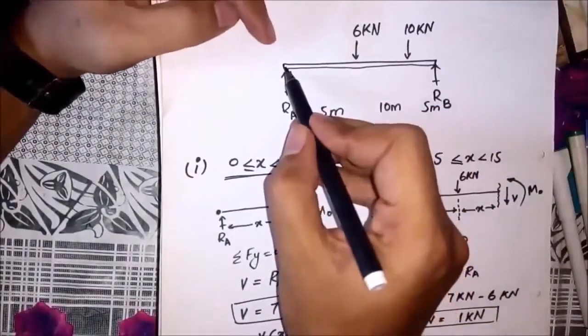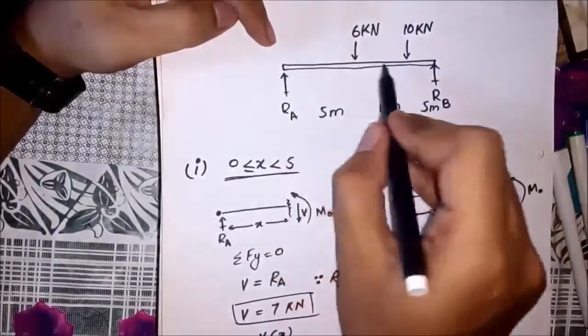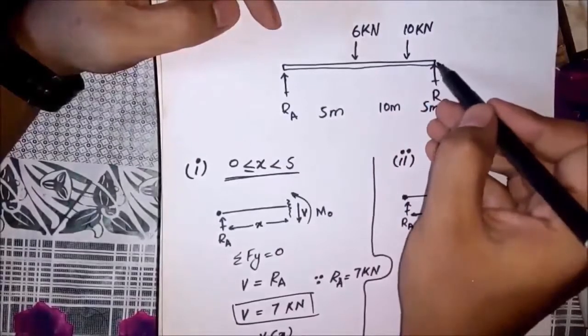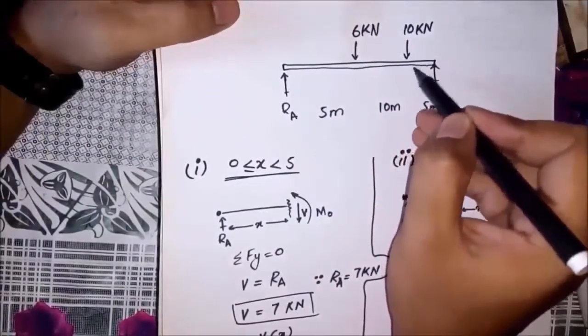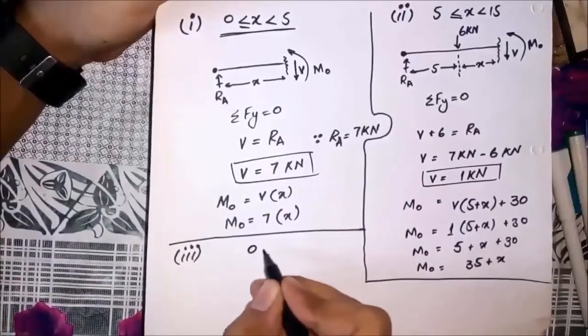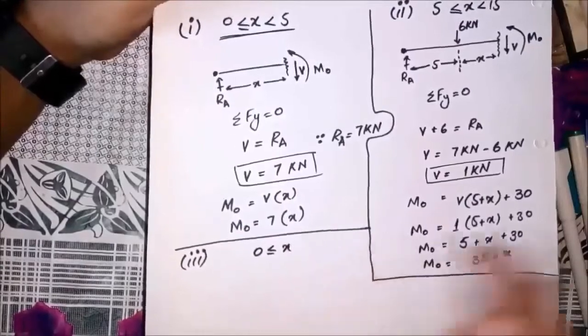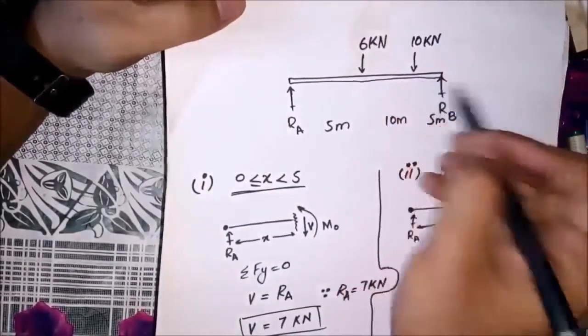In the first section, we took point A as the origin. But in the last section, we are taking point B as the origin and going away from it. For it, the condition for x is x greater than or equal to 0 and less than 5 meters.